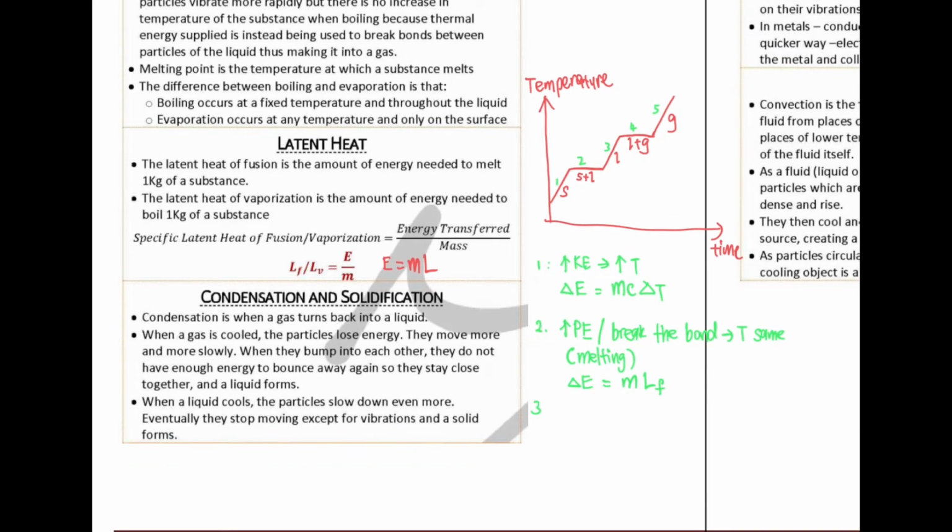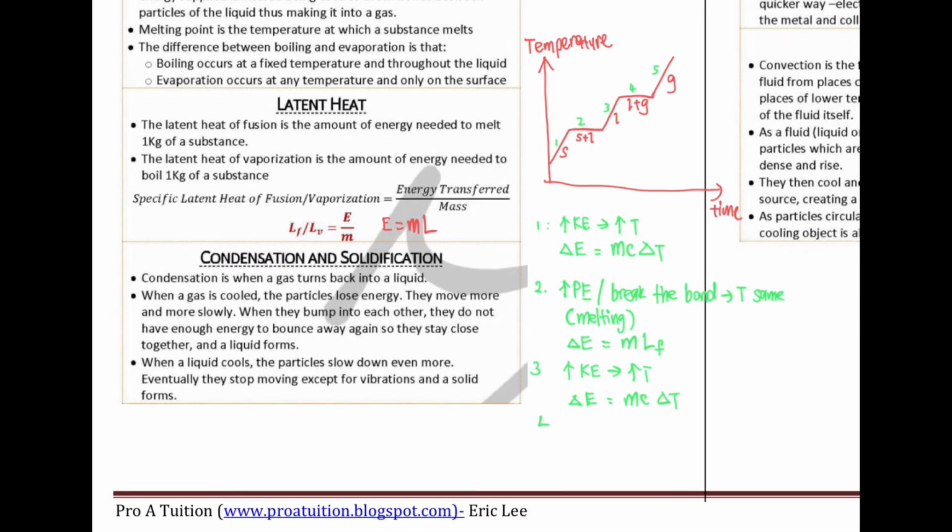In number 3 is where the liquid finishes melting and now the liquid heats up. The liquid uses the energy to increase the kinetic energy, and hence its temperature increases. Because of the change in temperature, we have to use delta E equal to mc delta T.